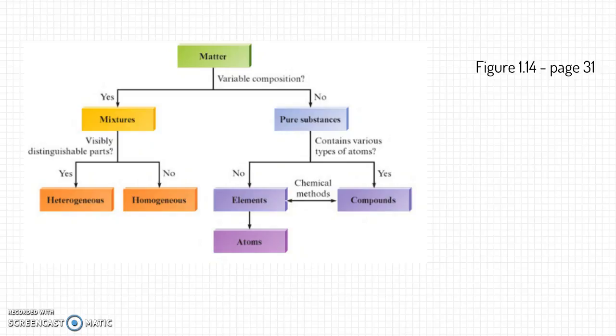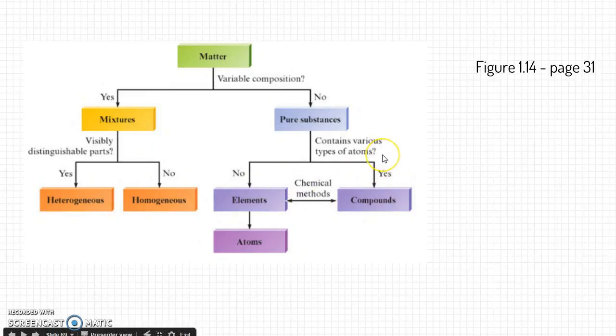And then figure 1.14 on page 31 of your Zumdahl book looks like this. It's using a flow chart to break down matter. Is there variable composition? If so, then it's a mixture. If not, if it's all the same throughout, then it's a pure substance. Does it contain various types of atoms? If no, the atoms are all the same, then it's an element.